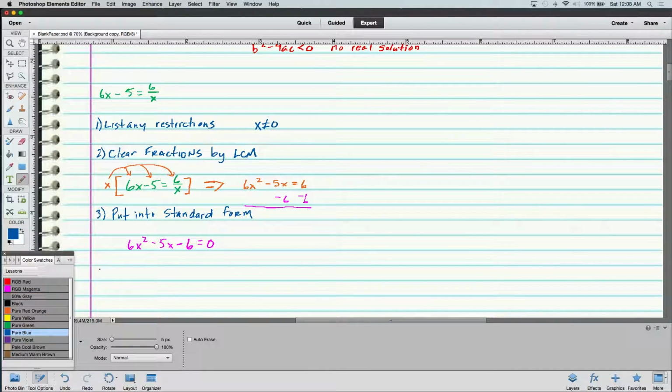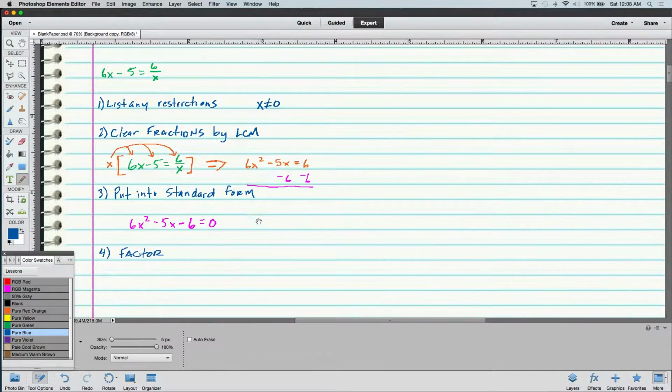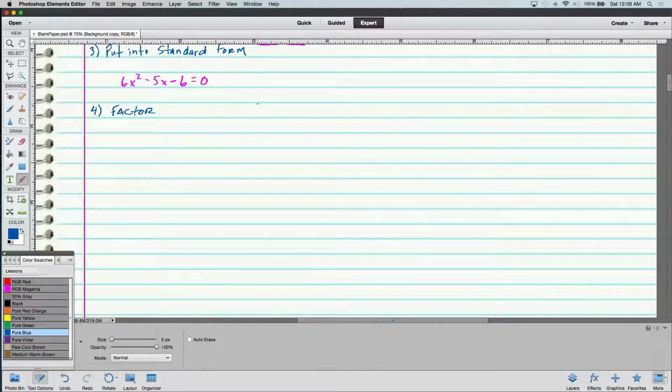So step number 4, we're going to want to factor. There are a couple different methods that people use in order to factor quadratics, but for me, this works best. I call it the box method. I don't even know if that's a proper term, but that's just what I call it.